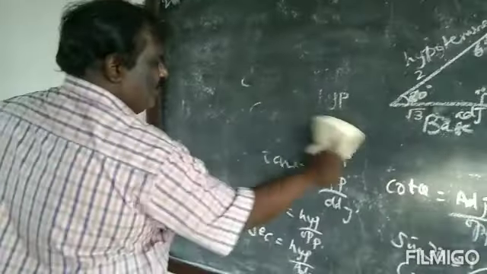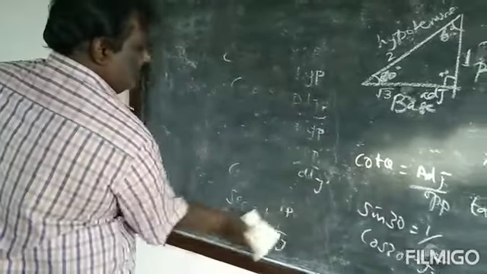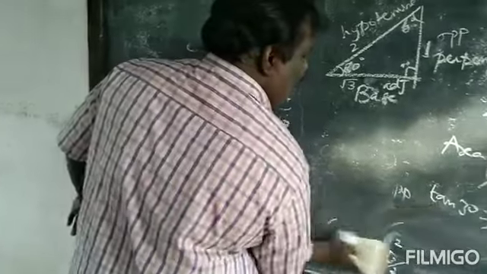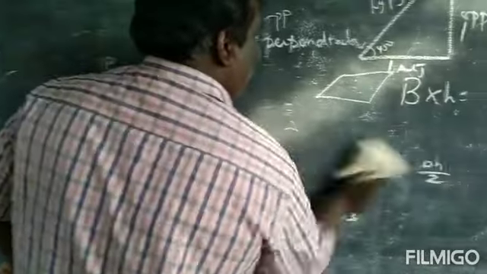Likewise, we can find the values connected with sin 0, sin 30, sin 45, and sin 90.